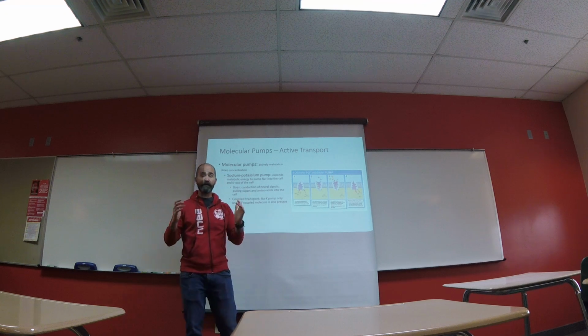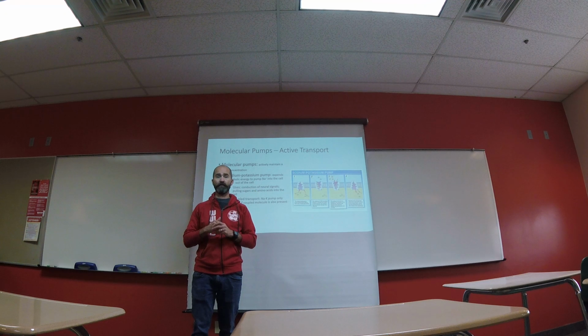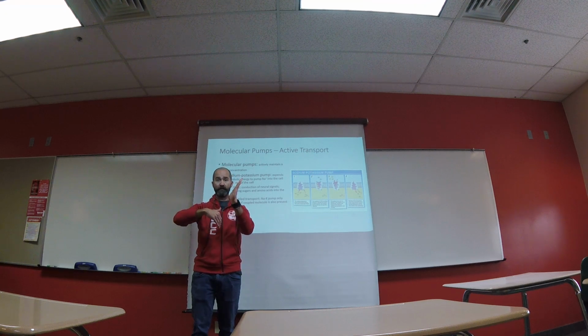Now that's the resting state of a neuron. It's maintaining this electrochemical gradient so that when it receives a stimulus, it's able to open up a protein channel and allow sodium into the cell and potassium out of the cell, which equalizes the electrical differential across the membrane. That's signal transmission.